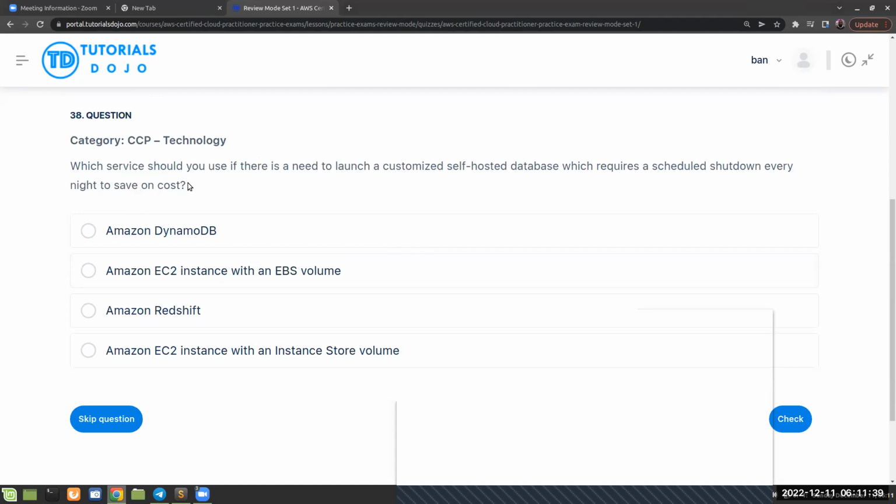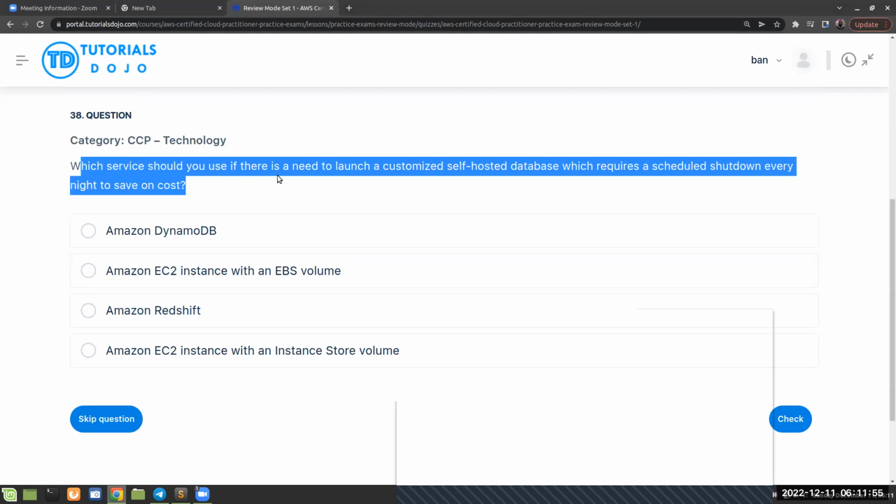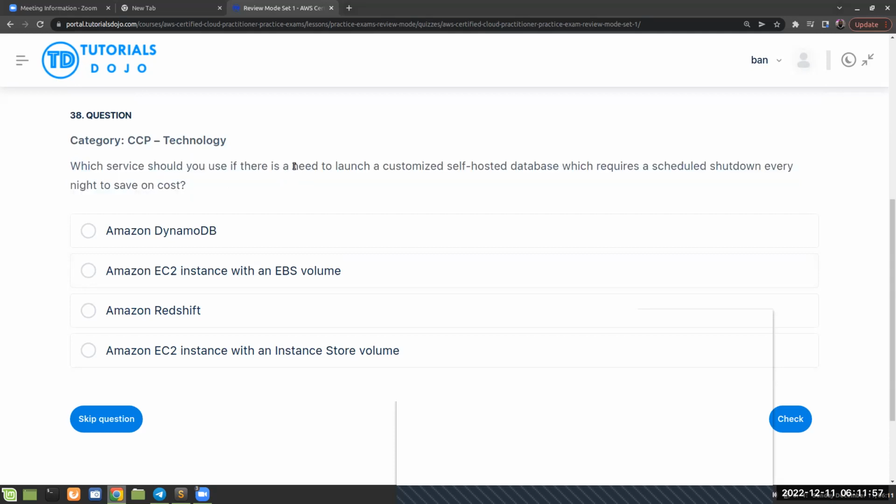So next question is for you, Leslie. Which service should you use if there is a need to launch a custom self-hosted database, which requires a scheduled shutdown every night to save on cost? The key thing is you need to launch a customized self-hosted database, and you want to schedule shutdown every night to save on cost.